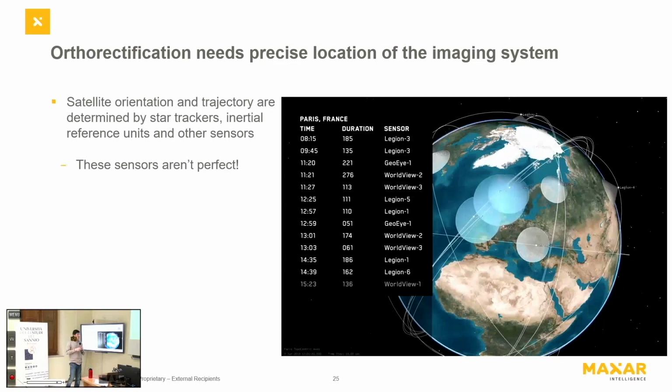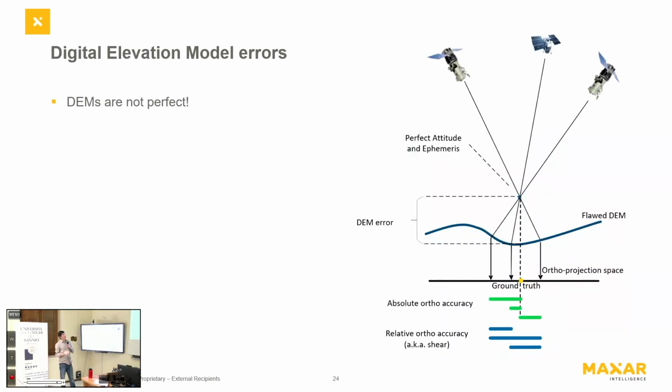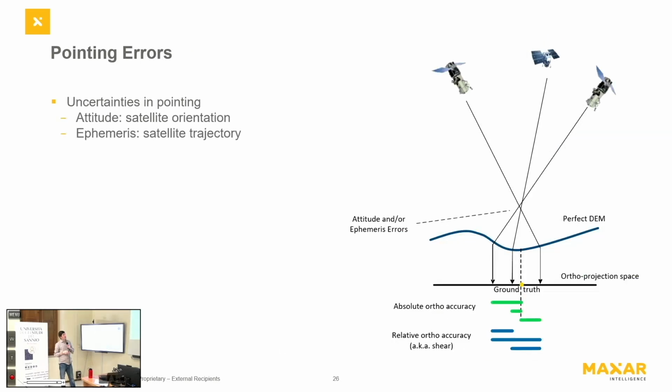Because these are not accurate, this point here, the convergence point, might look more like this, where more or less you know where you are, but not precisely. And because of this, even if your DEM is absolutely perfect, because of those uncertainties, you still have absolute ortho accuracy error, and shear.